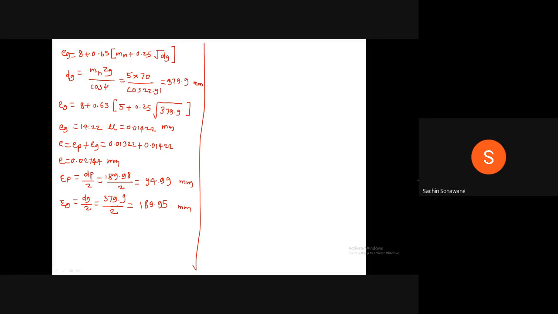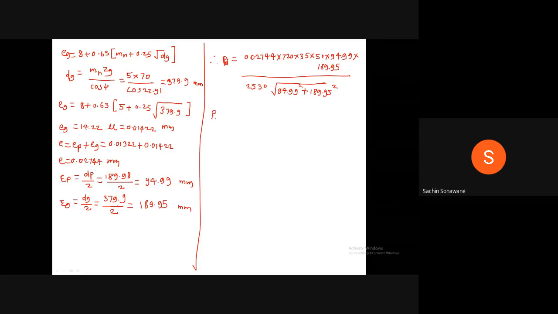Now substitute all the values in the dynamic load and calculate it. Therefore, dynamic load PD is equal to e into Np into b into RP into RG divided by 2530 into square root of RP square plus RG square. e is 0.02744 into Np 720 into b 50 into RP, that is 94.99, into 189.95, divided by 2530 into square root of 94.99 square plus 189.95 square.